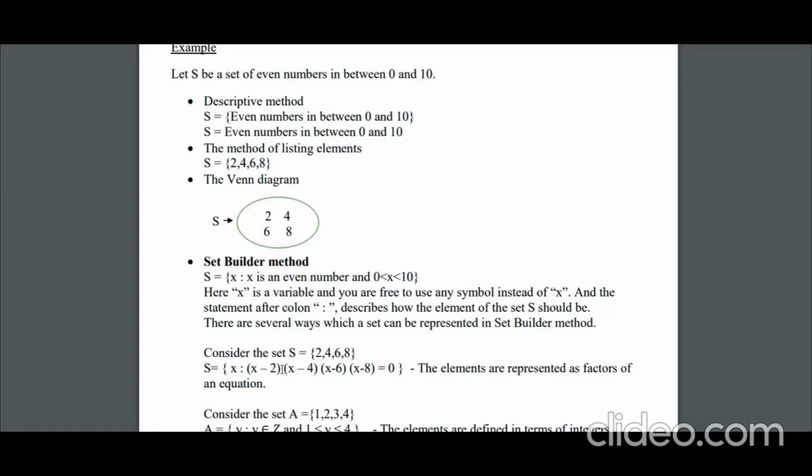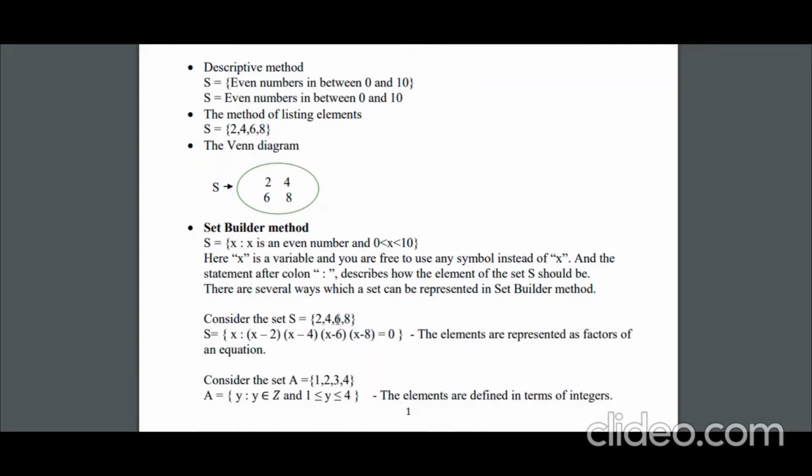Another way, let's look. Same set, 2, 4, 6, 8. How can you describe it? S is a set of all elements x such that, you can use both the vertical line or the colon, (x − 2)(x − 4)(x − 6)(x − 8) is equal to 0. If you look at this side of the colon, you see an equation.